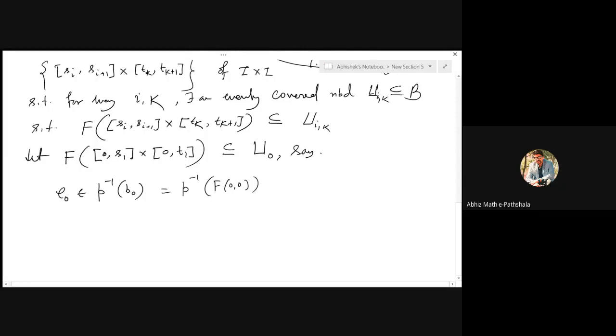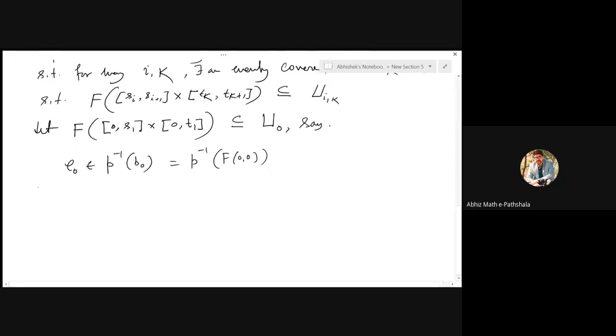Then define F tilde at 0, 0 equal to E naught. This is your trick: you need to fix the point, and F tilde of 0, 0 will be E naught.